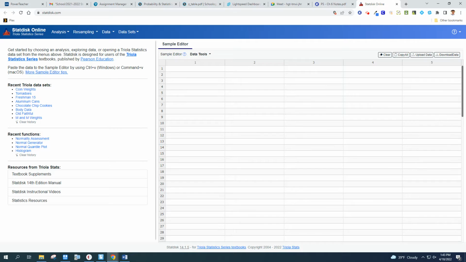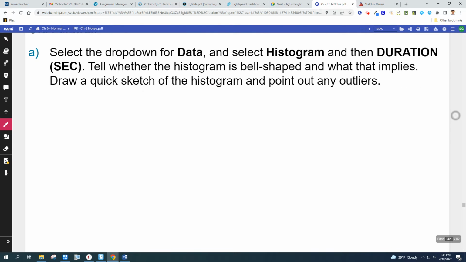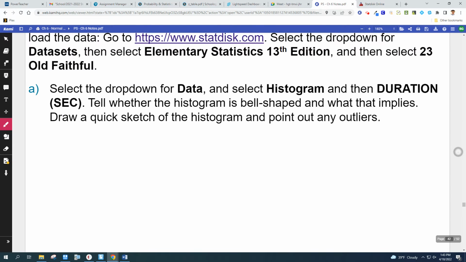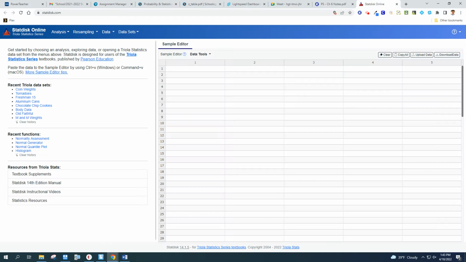It says select the drop down for data sets. So way up at the top in the blue bar, data sets, we want Elementary Statistics 13th edition, and then select 23 Old Faithful.